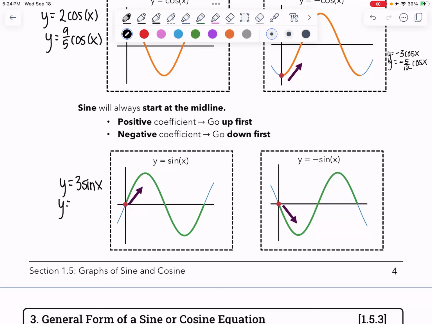If you had 12 sine x, anything where there's just a positive number out front and it's sine x, that'll go up first. For the negative, it'd be like -2 sine x, or y equals -7/3 sine x. Anything where there's a negative out front, it'll start at the midline and then go down.